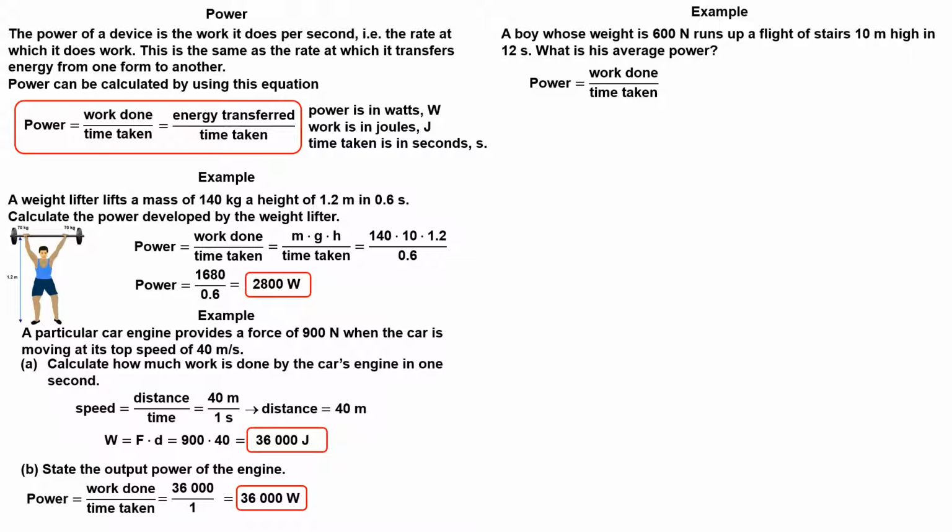Work done is the gravitational potential energy transferred. Substitute the values. This is the power.